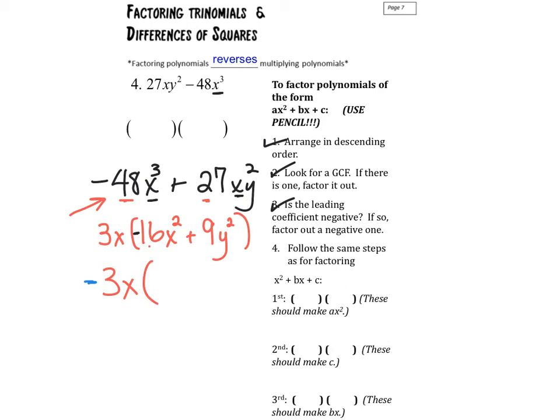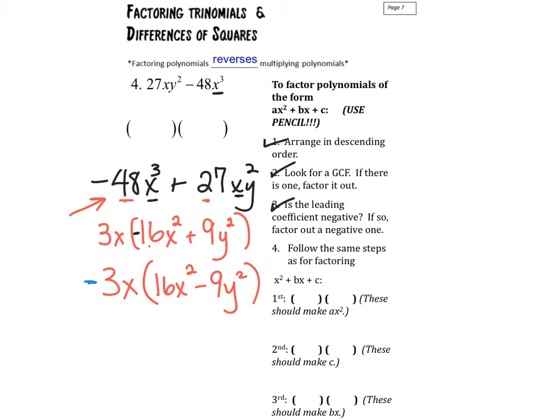And now everything on the inside of parentheses, the sign will change. Okay? And it will not change the problem. So now this is 16x squared minus 9y squared. If you hesitate or think that you made an error, you could always go back and multiply to make sure you're on the right track.